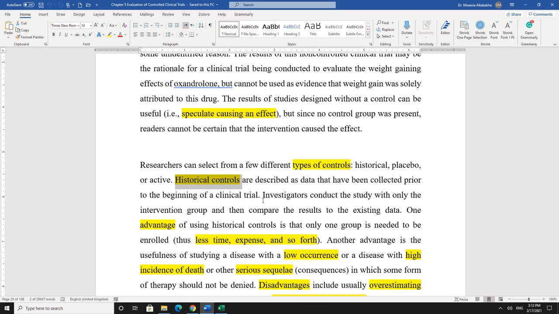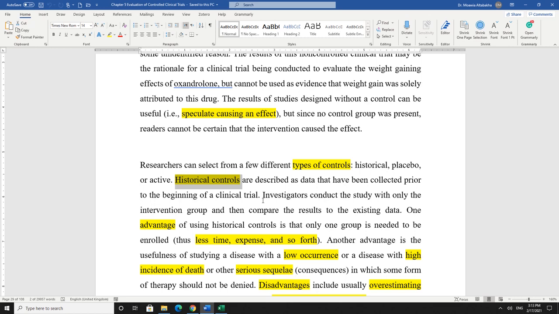Number 2, it's suitable when there is a lot of morbidity, يعني a lot of death. يعني if I don't try a drug with the patient, he will die. So I have to try a drug. So in such cases, it may have certain advantages. طبعا, of course, I'm only using one group, so it's cheaper for me to conduct the trial and less time, etc.